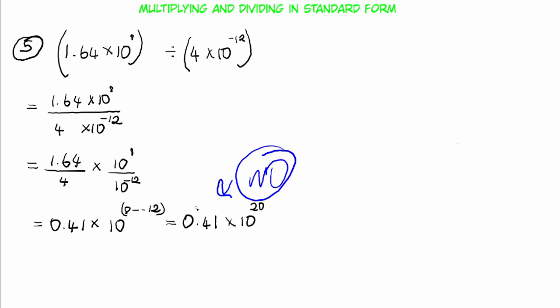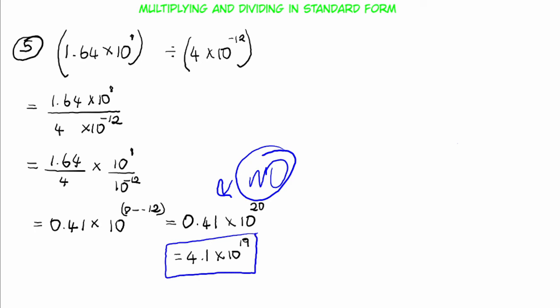Essentially, we're multiplying the 0.41 by one of these 10s. So we would have to take 1 from the power of 10. Okay, let's go. So multiplying this by 10, we would have 4.1. And removing 1 from the power of 10 here would give us 19. And 4.1 times 10 to the 19th power would be our final answer.